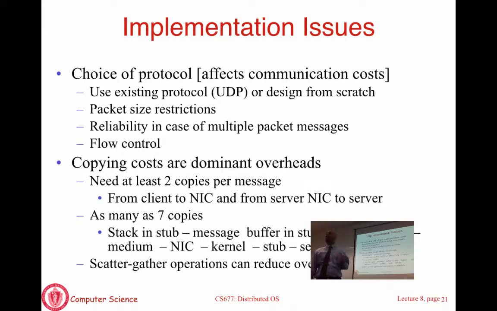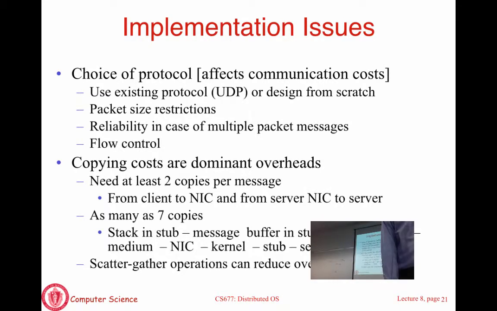And how many times is this data going to be copied when it's in transit from the client to the server? You will see that actually a number of copies get made for the data to be sent. It should be clear that there will be at least 2 copies, but there will be many more. If you only have 2 copies, which is the least, you will copy the data from the client process into the memory of the Ethernet card, and it will get sent.